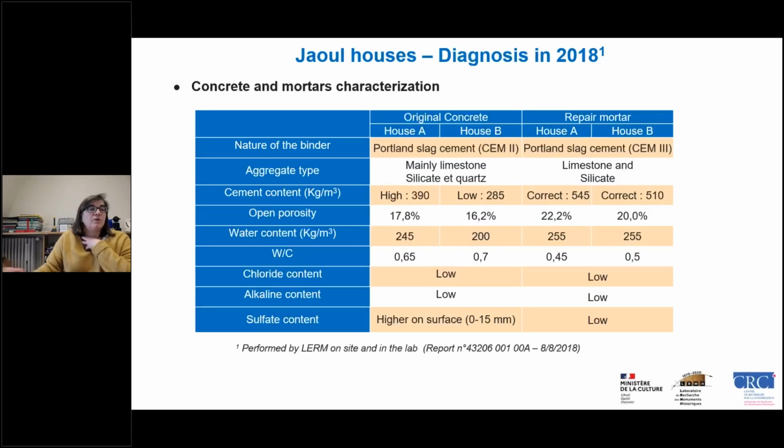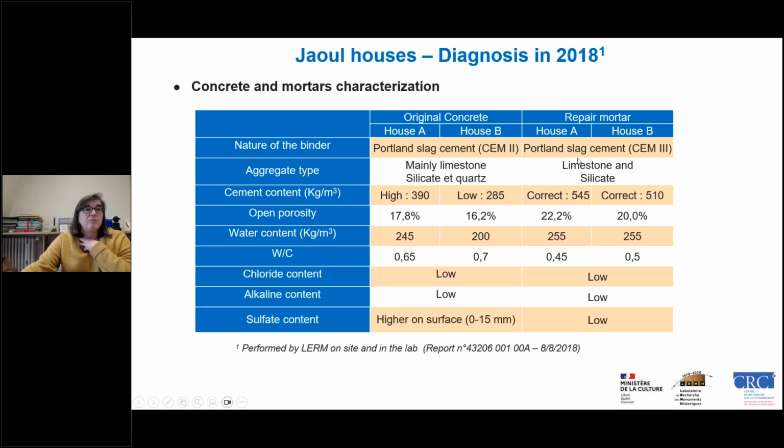We also tried to analyze the type of cement, the type of aggregate, and the cement content, and first we could see that we had quite high porosities with a quite high water to cement ratio in the original concrete, and low chloride content, low alkali content, and quite high sulfate content.